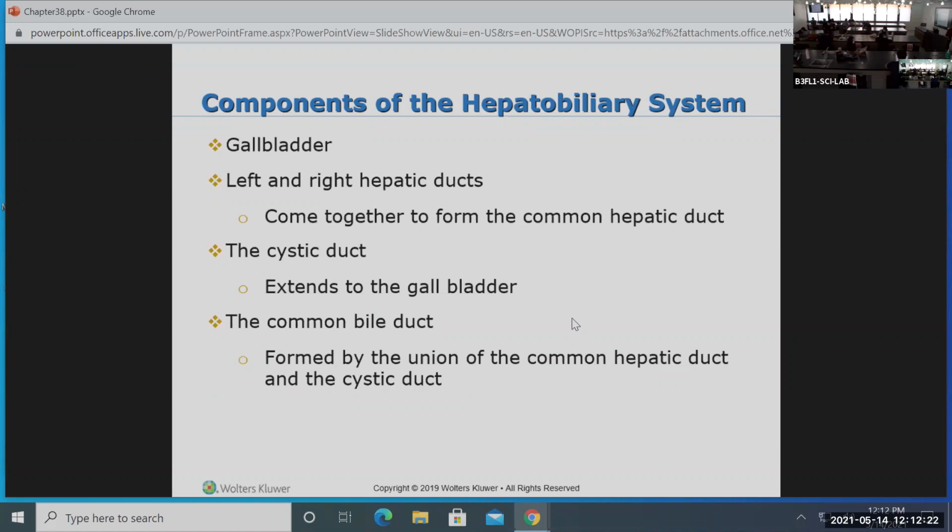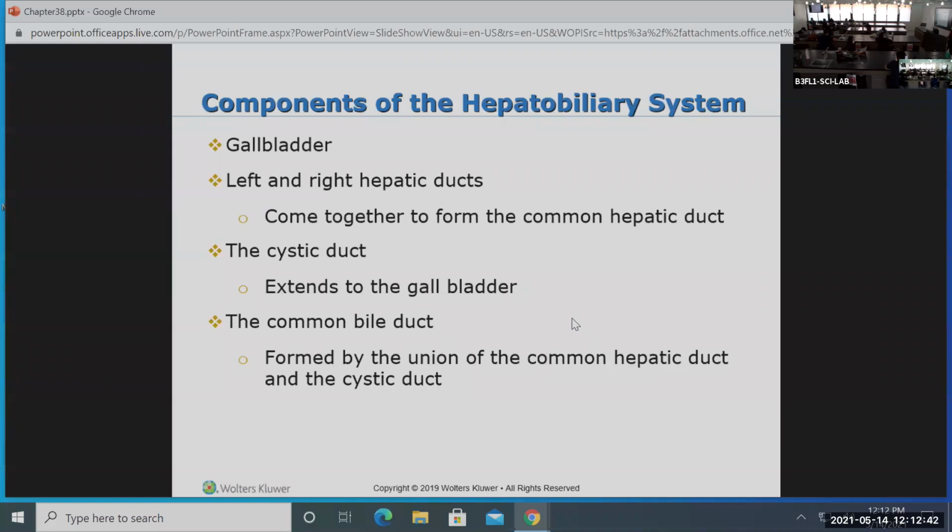Then CBD, common bile duct, is formed by the union of the common hepatic duct and the cystic duct.